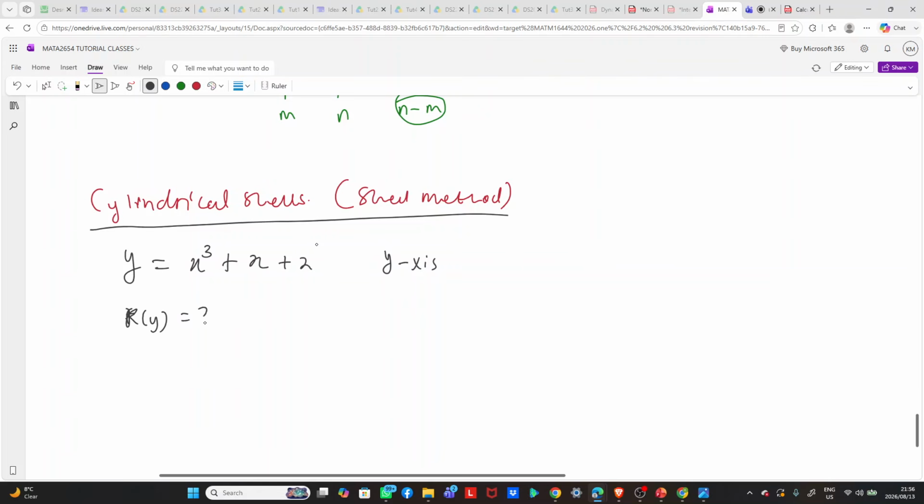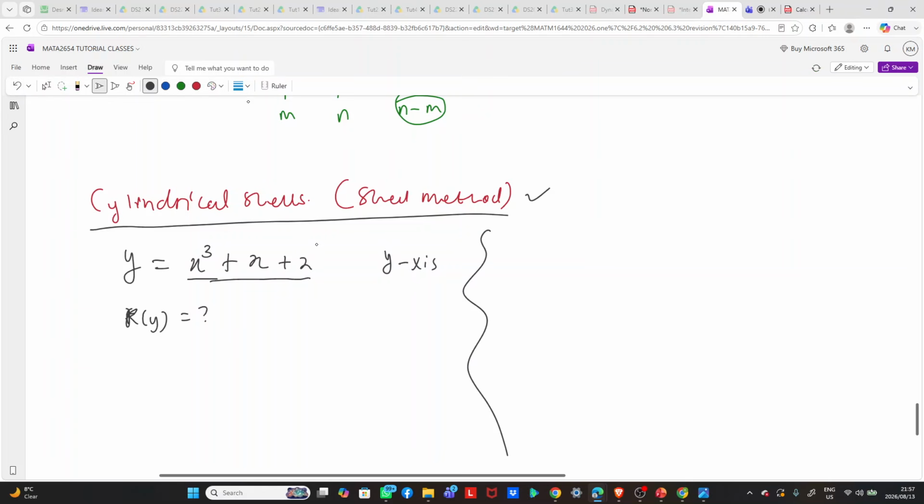Whenever you want to put r of y, that is when x is the subject of the formula. Can you make x the subject of the formula from that function? The answer is no. But can you find the volume? The answer is yes. And the technique you're going to use is the shells method.